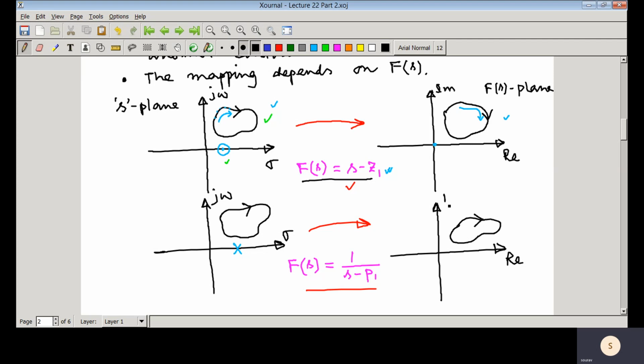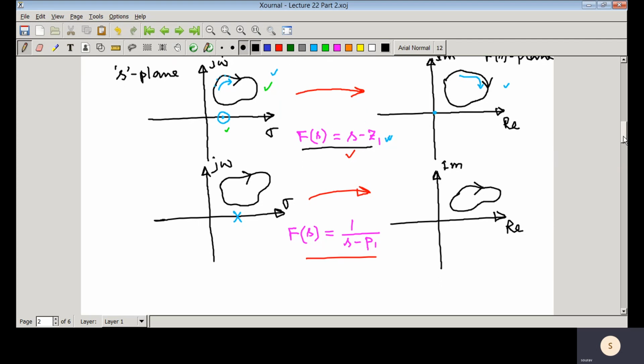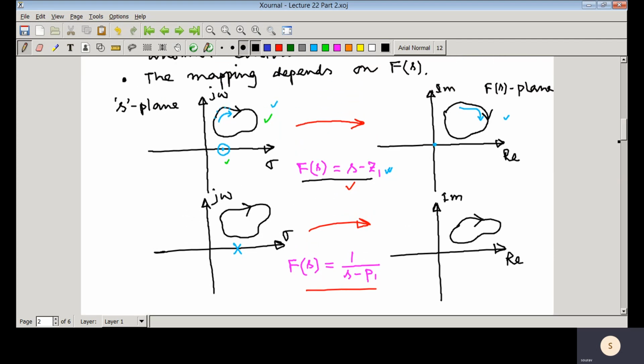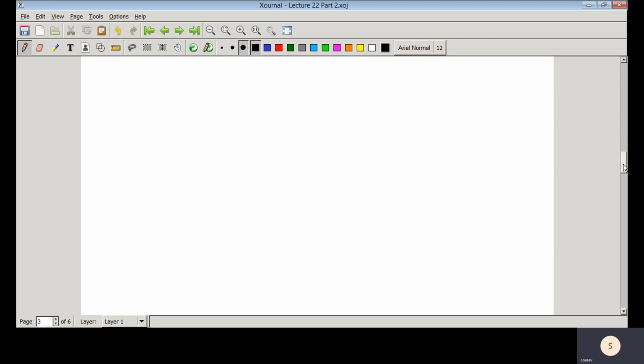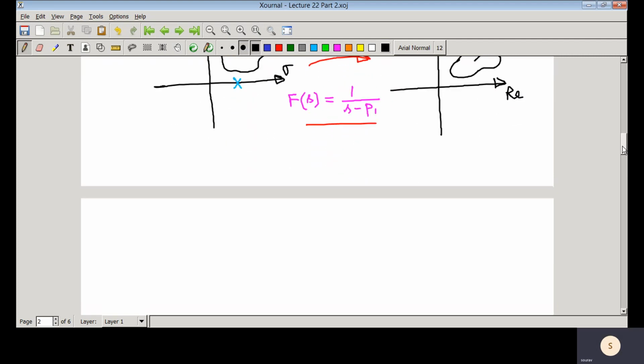So we have seen in the S plane, if we consider a contour that does not encircle any poles or zeros of that function, the direction of that contour remains the same in the F(s) plane and it does not encircle the origin. So this is the result.